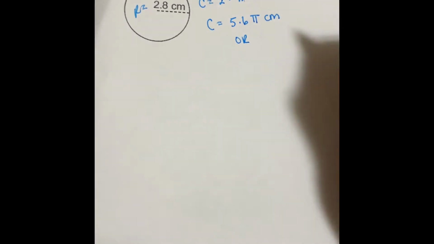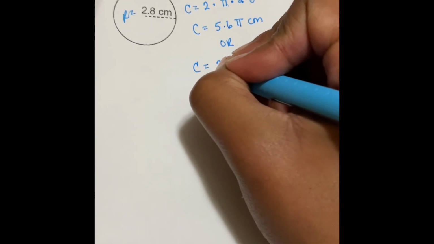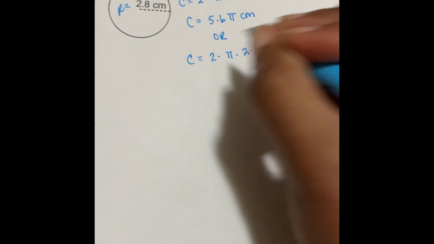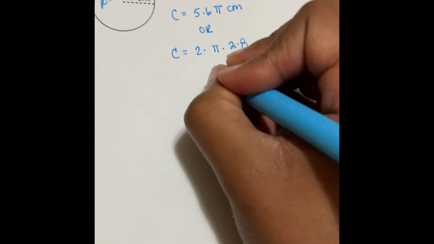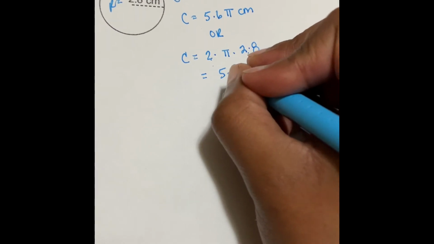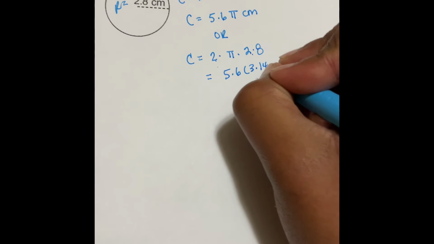Or I can say circumference is equal to 2 times pi times 2.8, which gives me 2 times 2.8 is 5.6. Pi is 3.14.